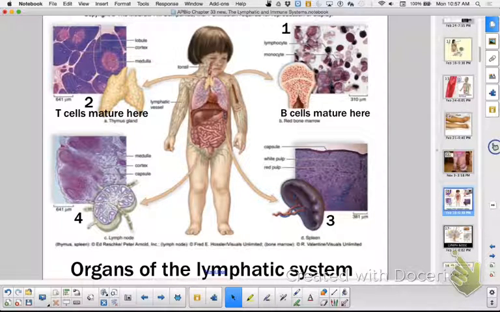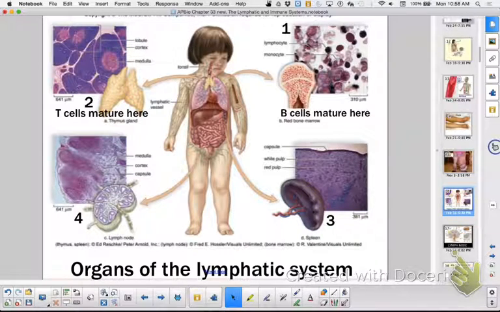All right. So all your blood cells are coming from your bone marrow. One of your blood cells are white blood cells. White blood cells have different categories. Some of them are lymphatic cells. The lymphatic cells are the B and the T lymphocytes. Those are the special forces. That's your adaptive or acquired immunity.